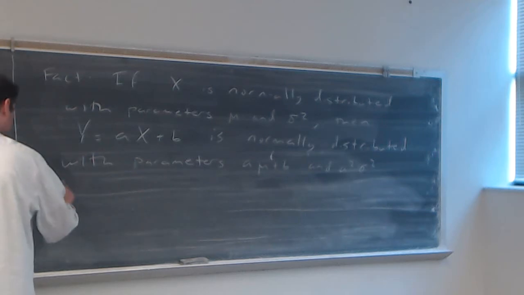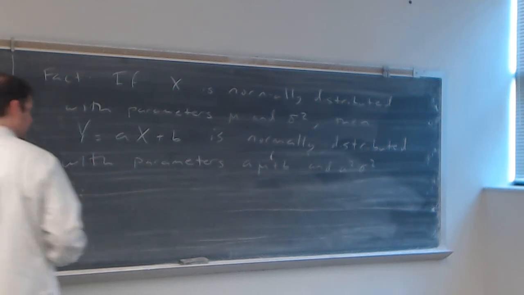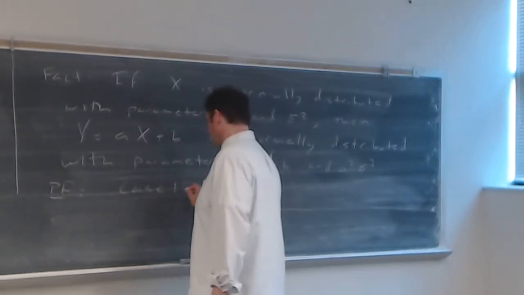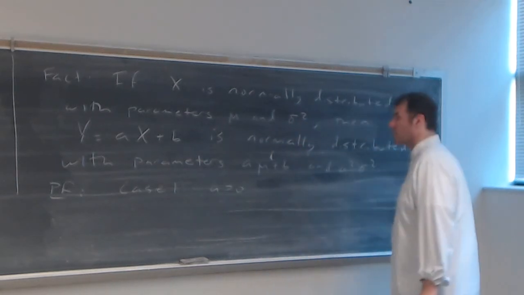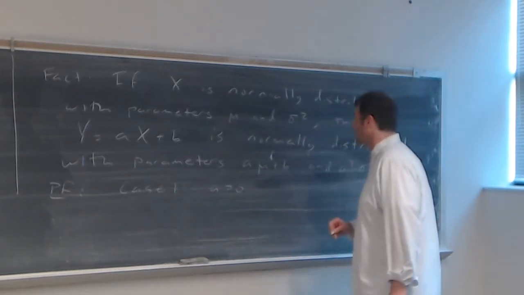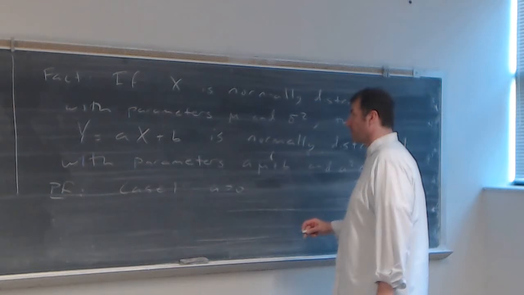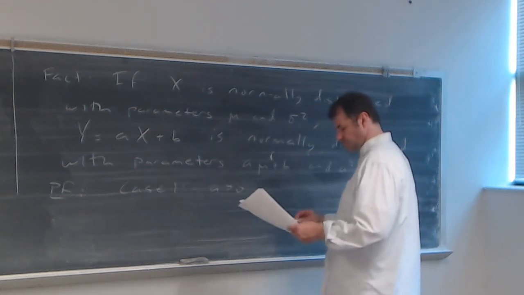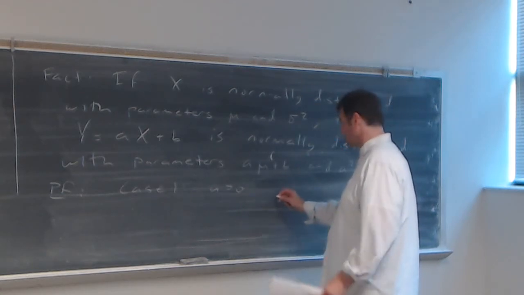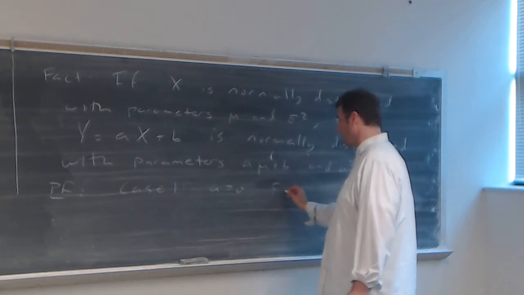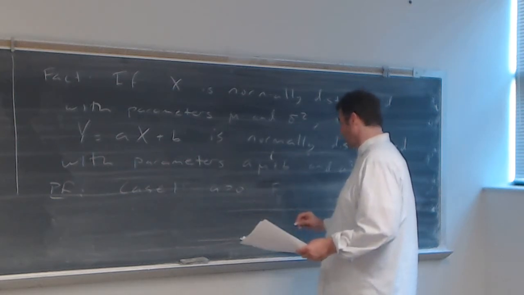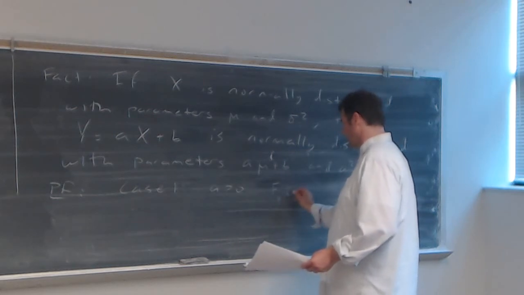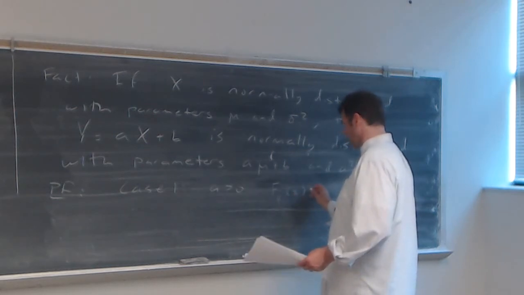So the proof of this is done in cases. And so case 1 is where a is greater than 0. So if a is greater than 0, here's what we have. We consider F of Y, if you will, the CDF of Y at little x.